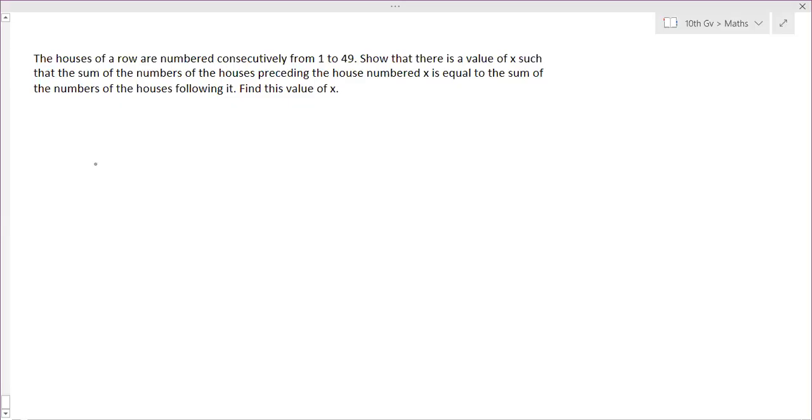So here, if we check, this is a row of houses. In that, the first house is 1, then 2, then 3, 4, and the last one is 49. Now, there is one house number present, we don't know which one. We'll consider that as X. So if this house is X, what is the house number before that? X minus 1.